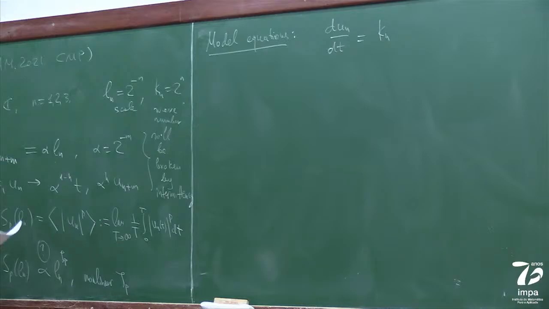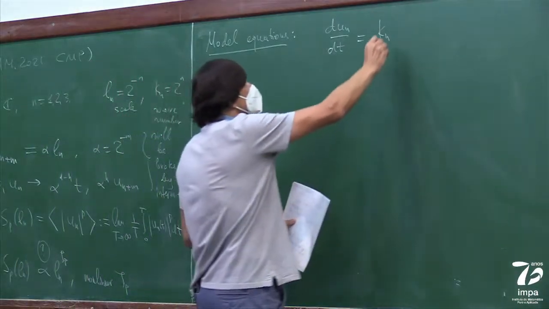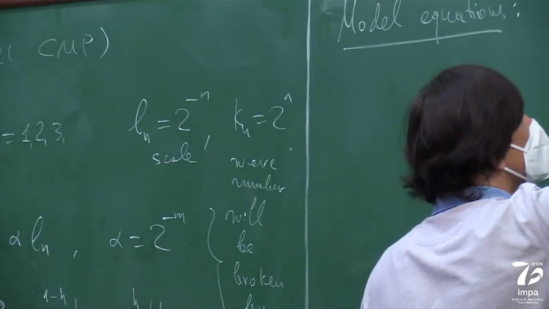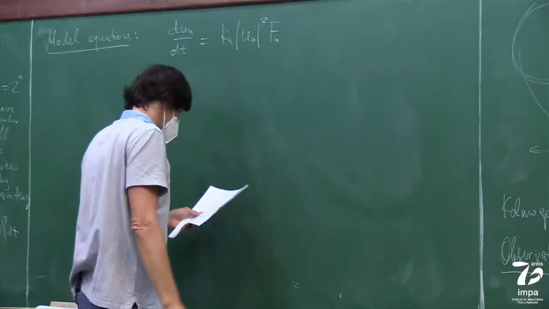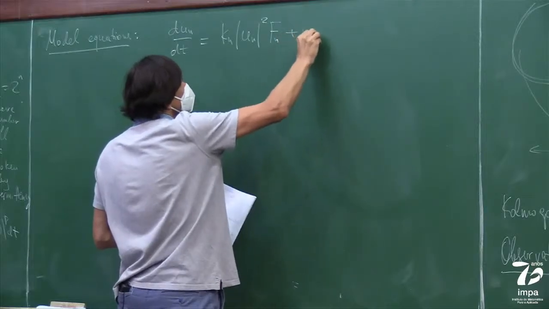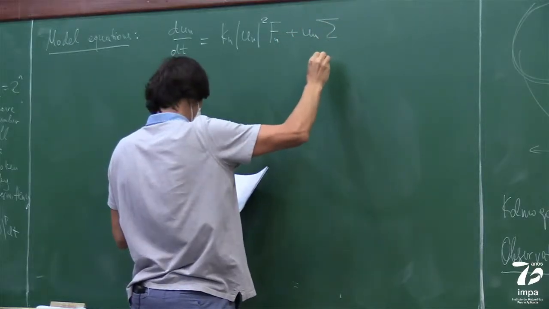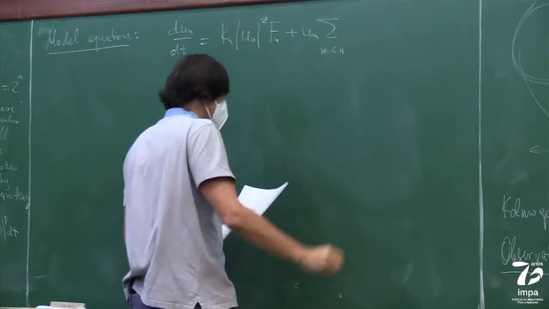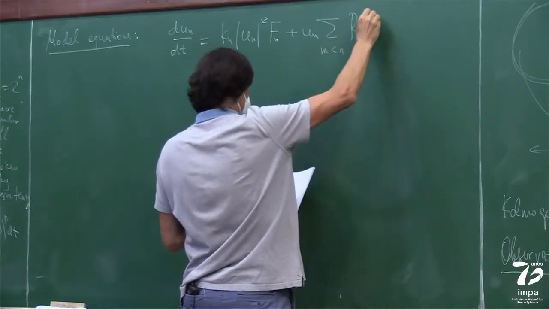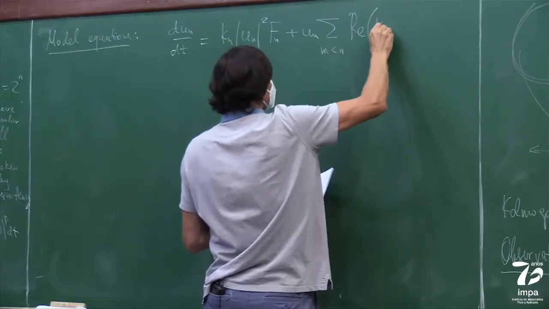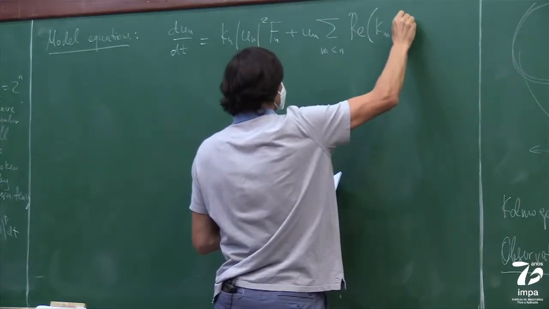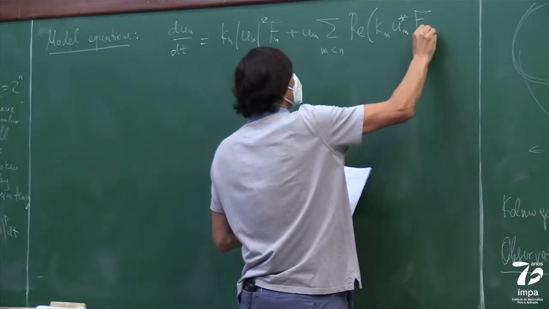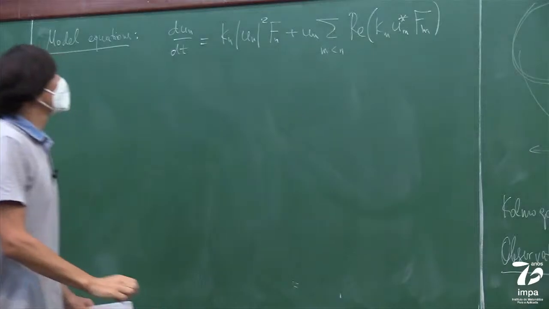The equation is: du_n/dt = k_n |u_n|^2 F_n plus u_n times the sum over m smaller than n of the real part of k_m u_m* F_m. That's it. So this is the equation.